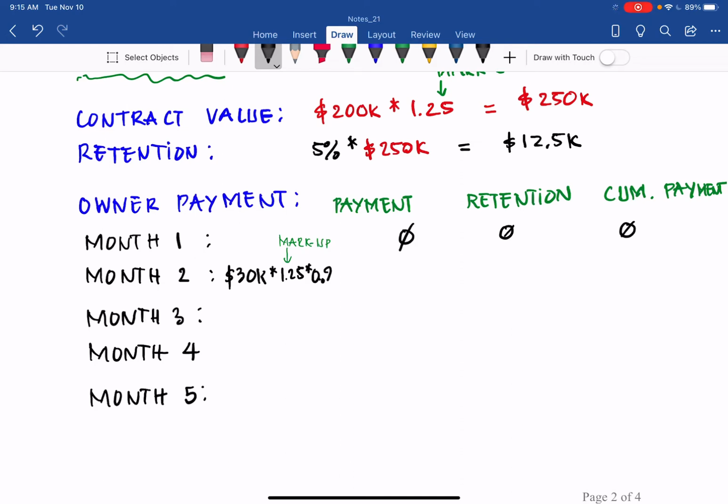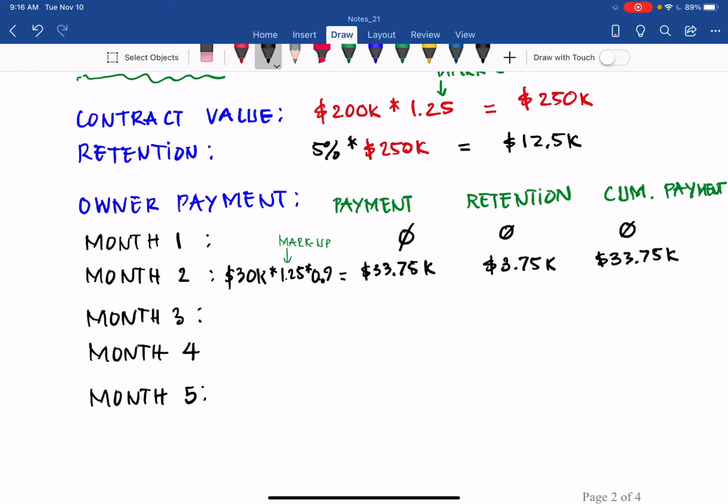So with that, we have the payment equal to 33,750, and the retainage is 10%, so we have 3,750, and the cumulative will be the payment, 33,750.